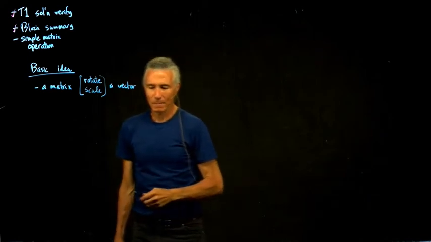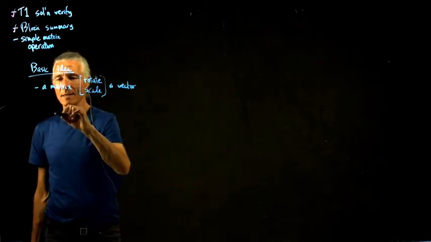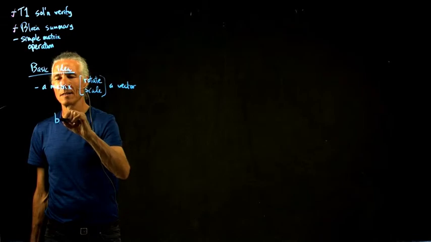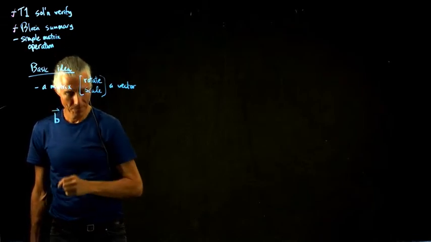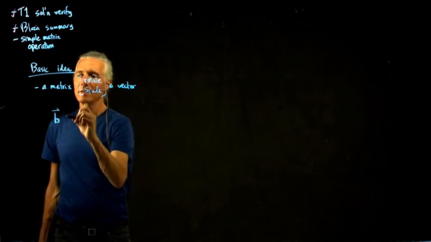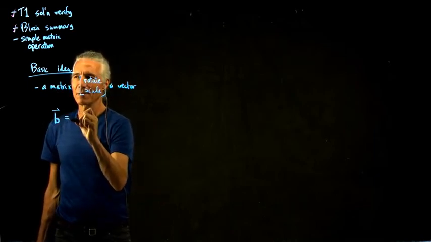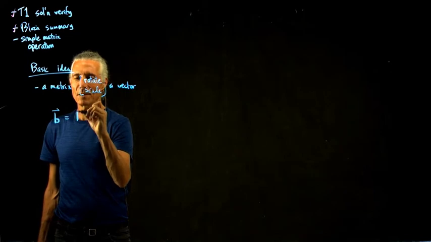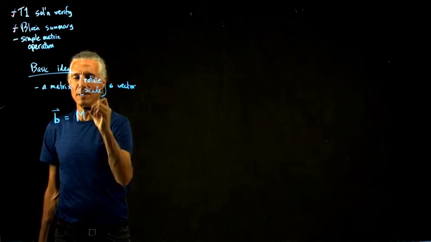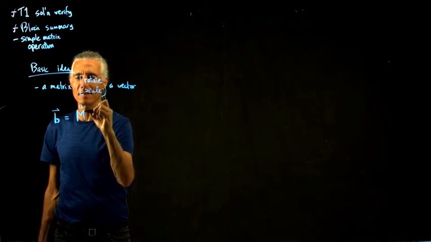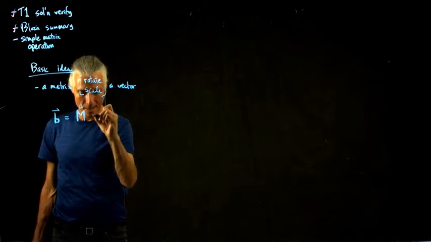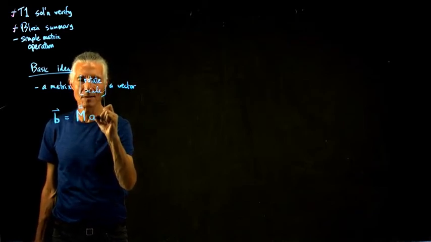And how do we write this out? If I use small letters for vectors and bigger letters for a matrix, with a little matrix sign on top of it, times a vector.